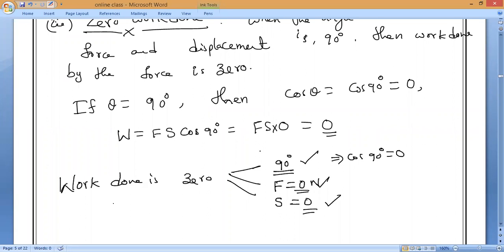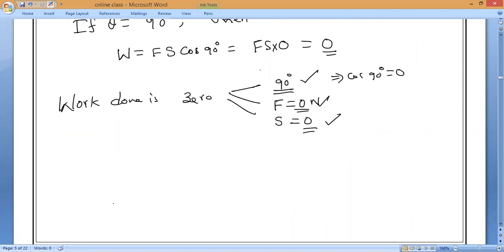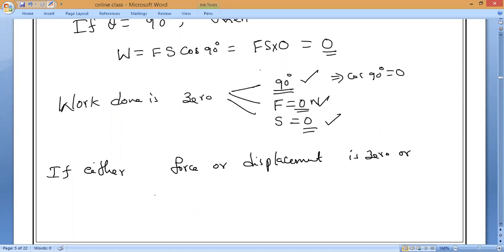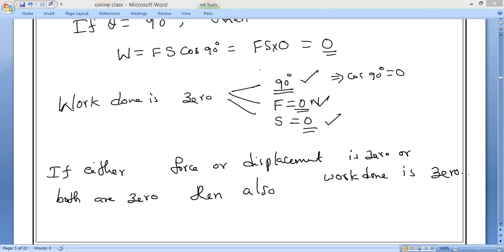So put the statement: if either force or displacement is 0, or both are 0, then also work done is 0. That you have to remember. Clear?